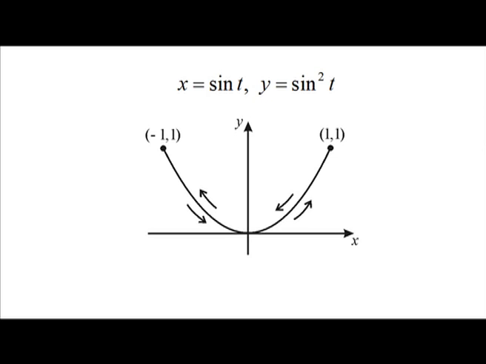It covers only the portion of the parabola y is equal to x square between these points, not giving a definite orientation to the curve. Also, the parametrization x is equal to sin t and y is equal to sin square t cannot cover the entire parabola y is equal to x square.